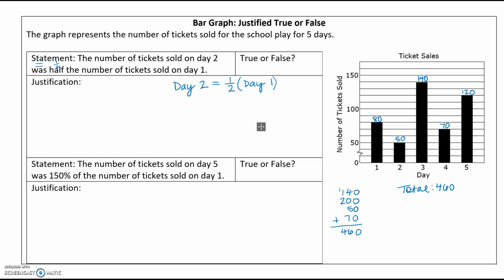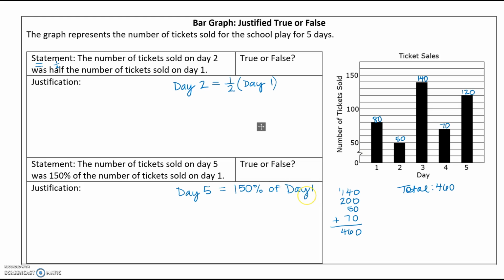Now statement 2 says the number of tickets sold on day 5 was 150% of the number of tickets sold on day 1. So day 5 was, or equals, 150% of the number on day 1.